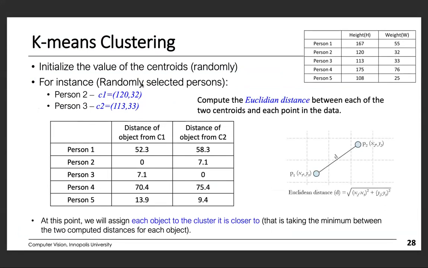For instance, we will randomly select centroid 1 to be 120 and 32, and the next one will be 113 and 33. We compute the Euclidean distance between each of the 2 centroids and each point in the data.